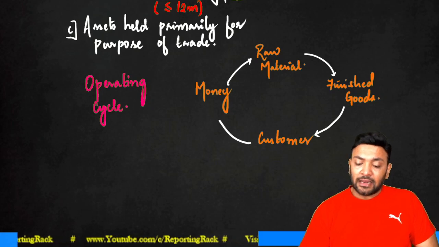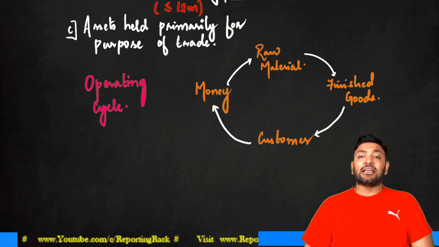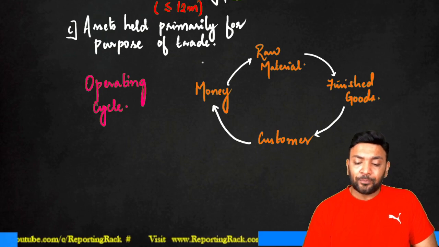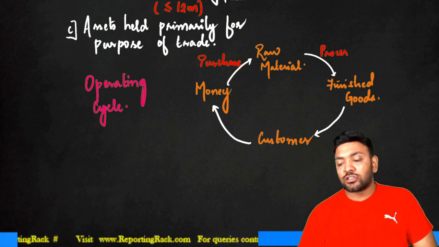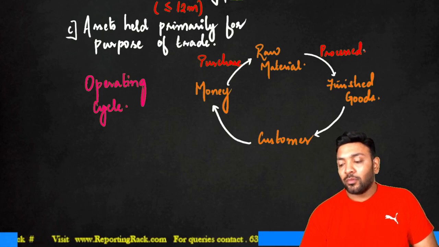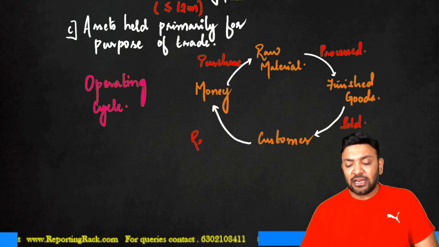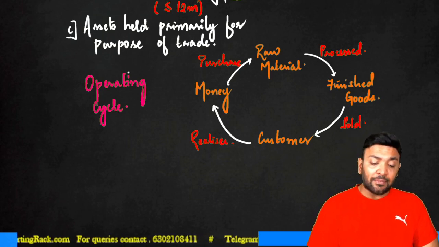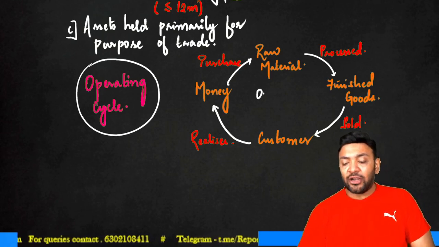These customers realize money in the form of collections or realizations from the customer. So I'm saying there is a purchase of raw material. They are processed into finished goods. They are sold to customers, and the customer realizes money in cash. This entire cycle can be considered as my operating cycle. This is called an operating cycle.